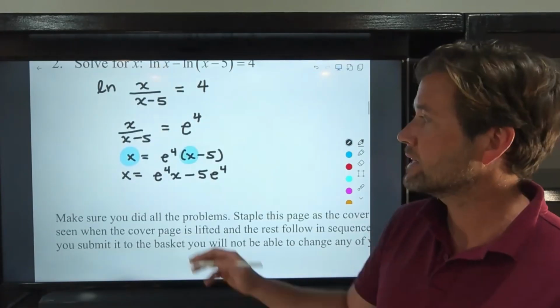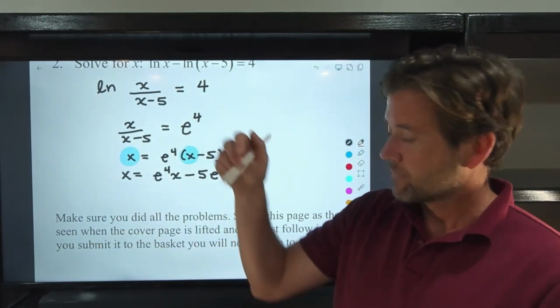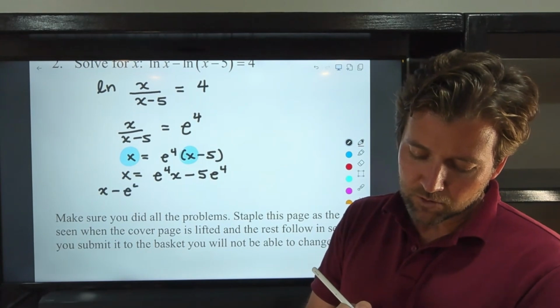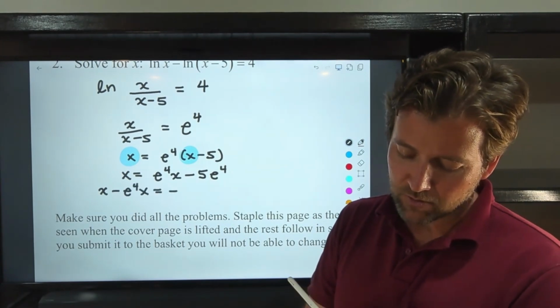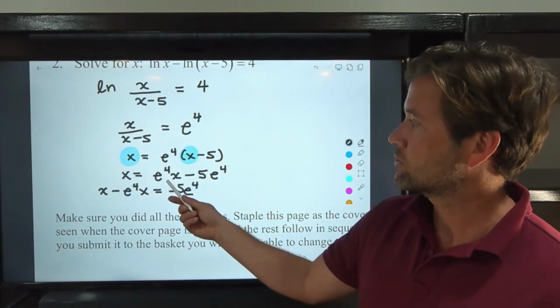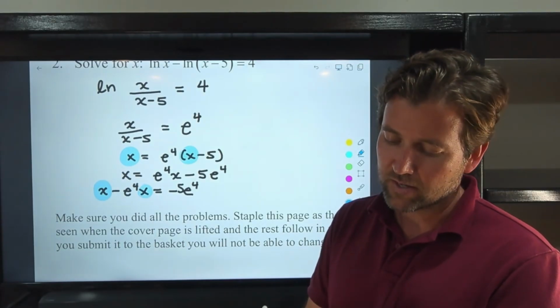Okay, now I want to get these terms with the x's on the same side of the equation. And so I'm going to subtract e to the fourth times x from both sides of the equation. So I just subtracted this term from both sides. And now we have a common factor of x.